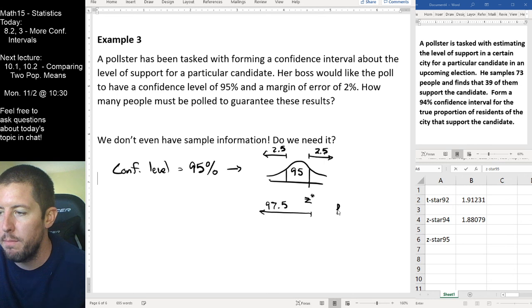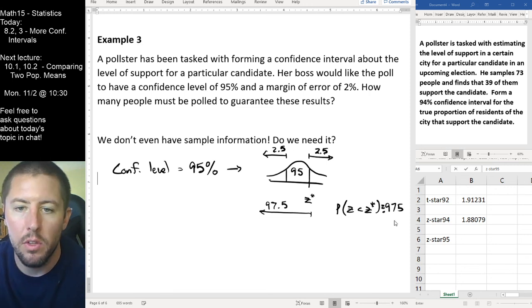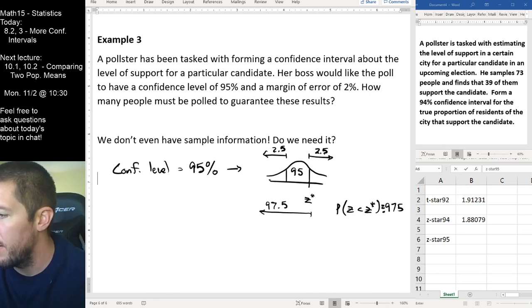So we are interested in the probability that Z is less than Z star being 0.975. Let's go over to our calculator and do exactly this.